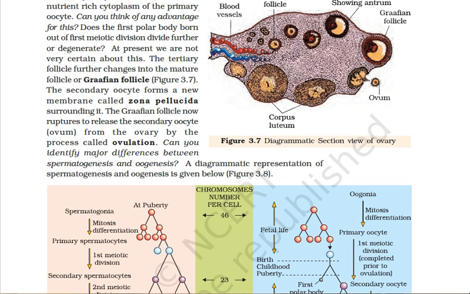I repeat, the secondary follicle, which had more granulosa cells, a theca and follicular fluid, has now transformed into a mature or Graafian follicle, because the small cavities have transformed into a large fluid-filled cavity.